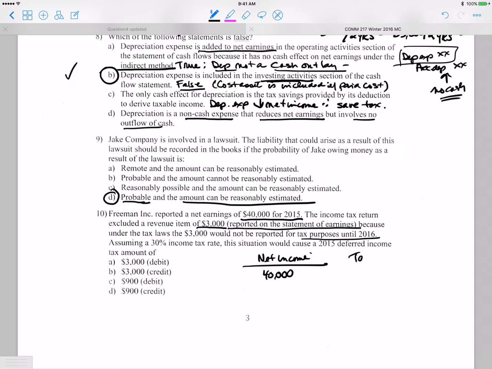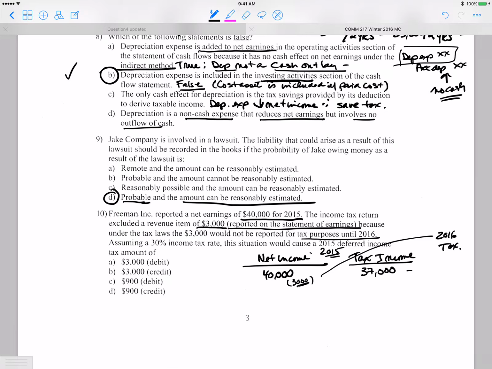So for tax purposes, my taxable income is not $40,000 because $3,000 of this is excluded for tax purposes. So we're only going to be paying income tax this year on $37,000. This is 2015. This $3,000 will be reported in 2016 for tax purposes.